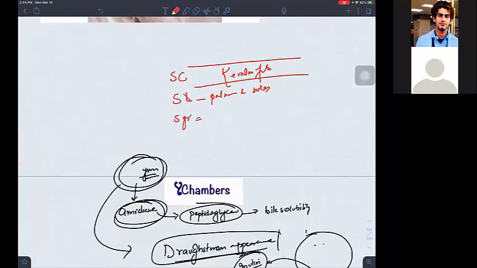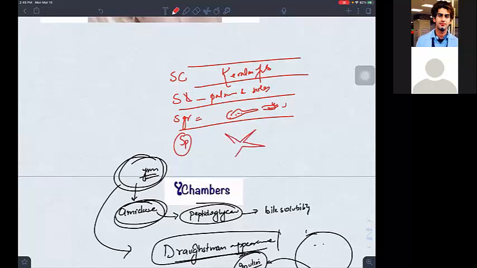Why granulosum? They contain keratohyaline granules. We are still in the epidermis. Then stratum spinosum. The stratum spinosum has some prickle type of arrangement. Why? Because of desmosomes.